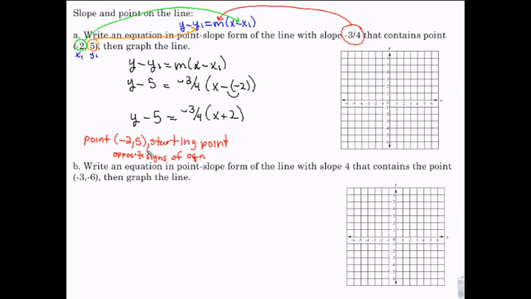So instead of starting at the y-axis, see how it's always a minus? So if I have a minus and a plus, then my point is a negative and a positive. So whatever signs are here, the point has the opposite signs because of these minuses here. So this is my starting point now. So instead of starting at the y-axis, I just start at the point that's in the equation. So instead of starting wherever the y-axis is, I'm going to start at negative 2, positive 5.